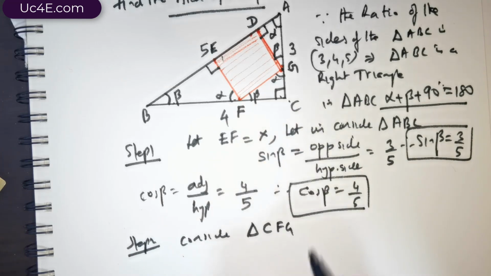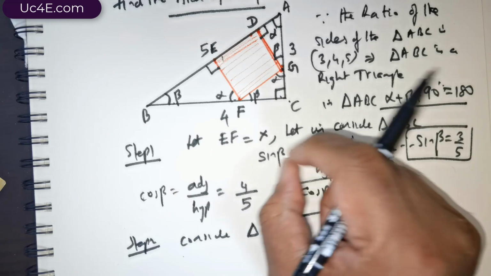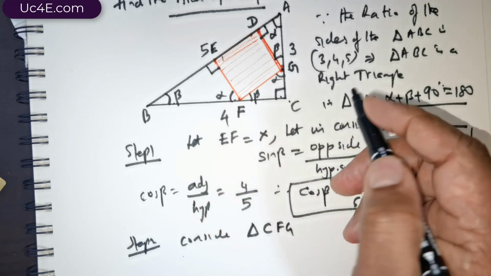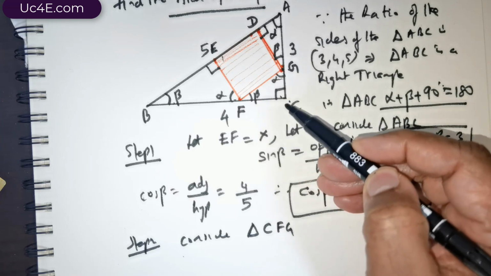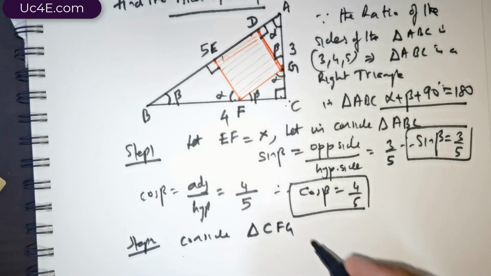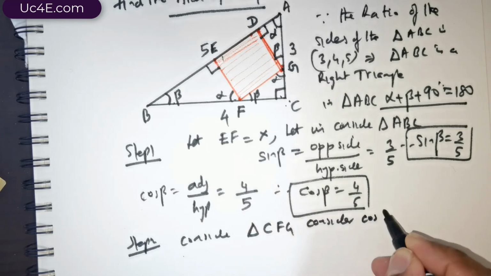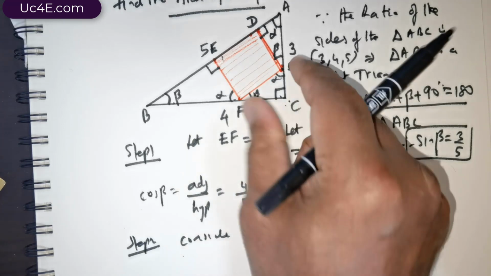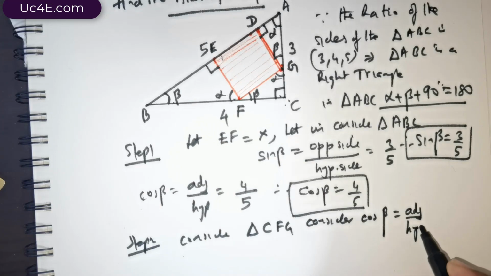Triangle CFG. Now in CFG, I would like to consider cos beta. Cos beta is going to be adjacent side by hypotenuse.